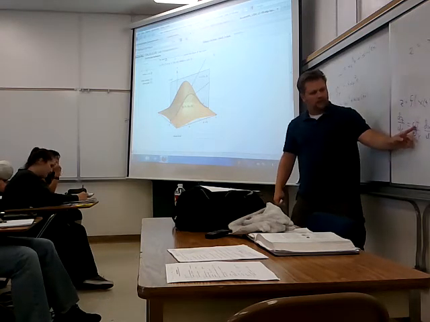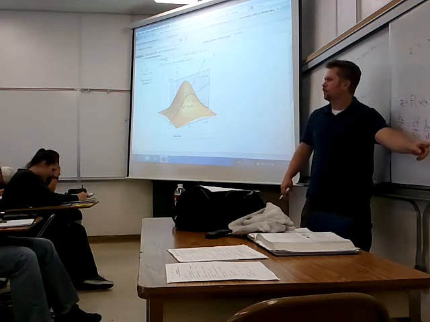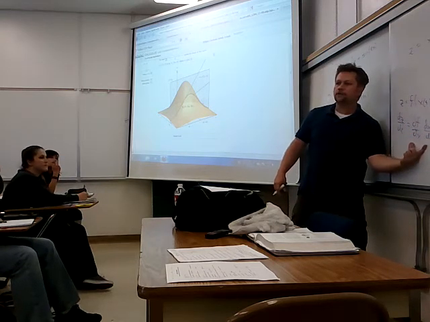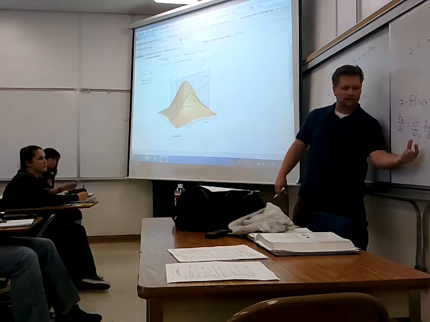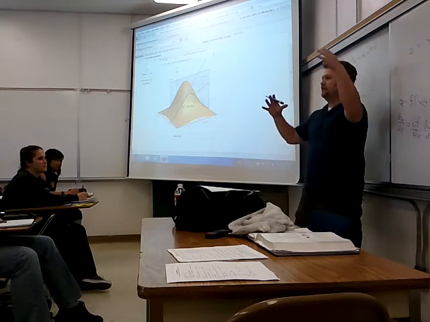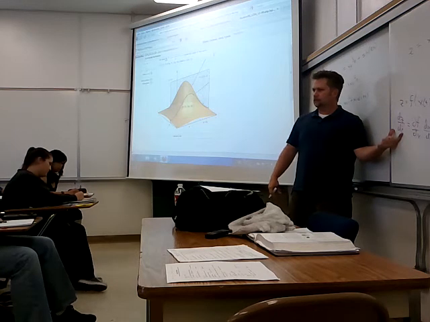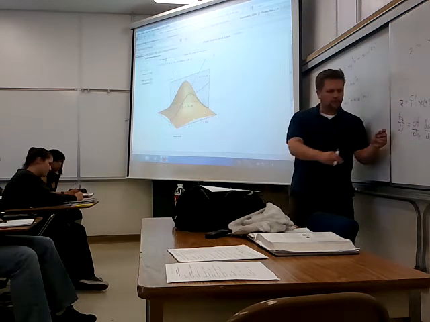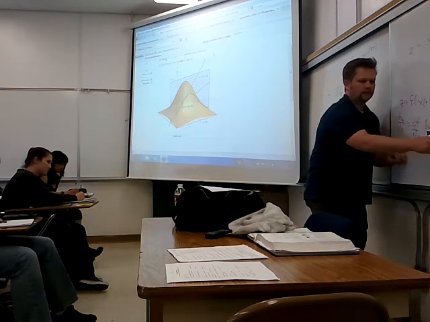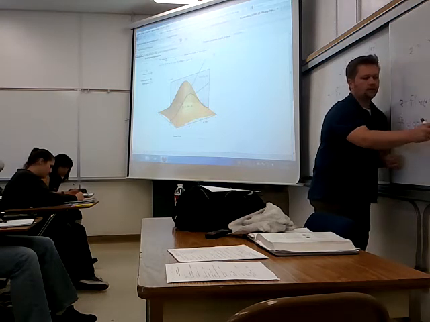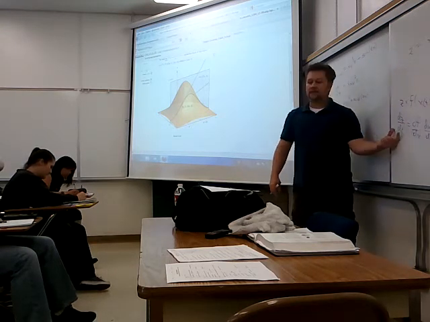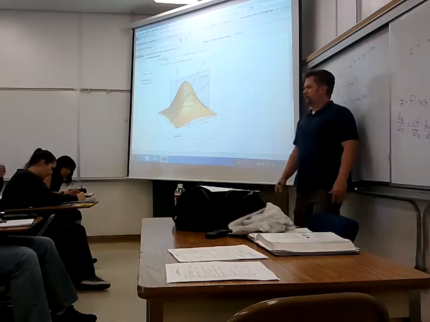Both of these become df/dt, but this is the part in the x piece, and this is the part in the y piece. So I need both of them to make the total derivative with respect to t. Do you guys get that? When I put them together, I get the whole derivative with respect to t.